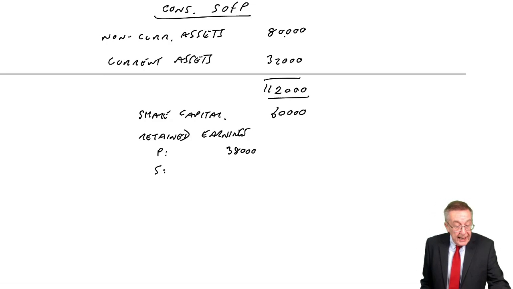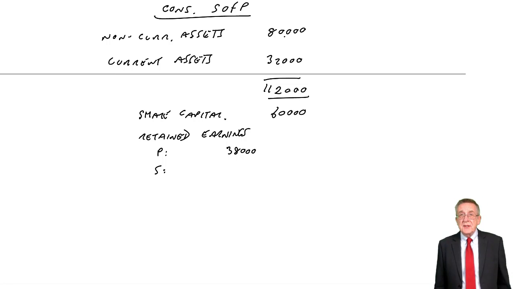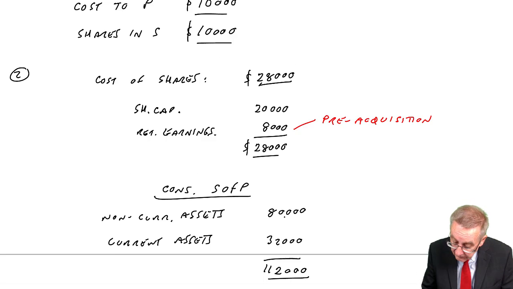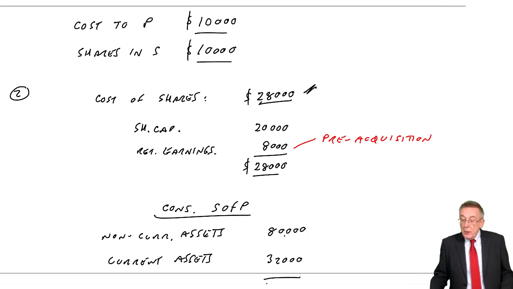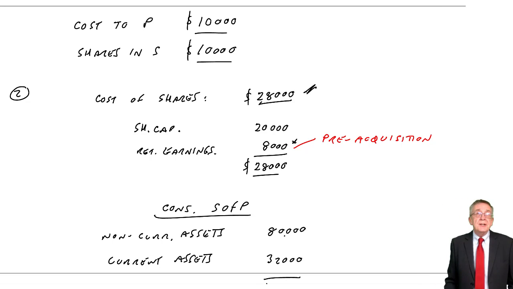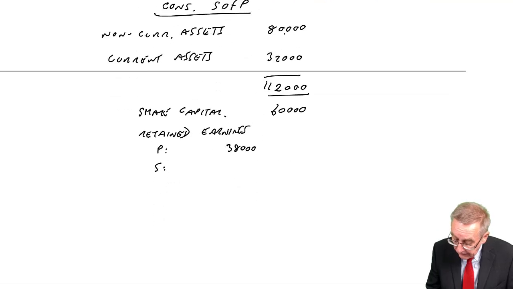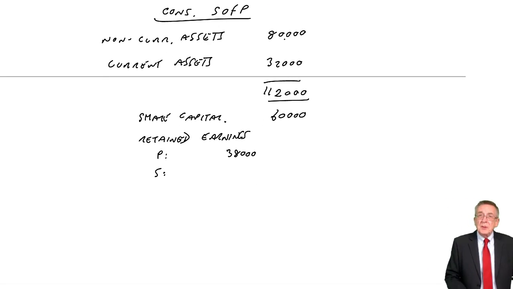Because again, 8,000 had already been earned before P bought the shares. It was pre-acquisition, and that was part of what we paid for. The reason we paid 28 was because we were buying the profits they'd already made. And so all we bring in the consolidated statement is S's profits since we bought the shares.